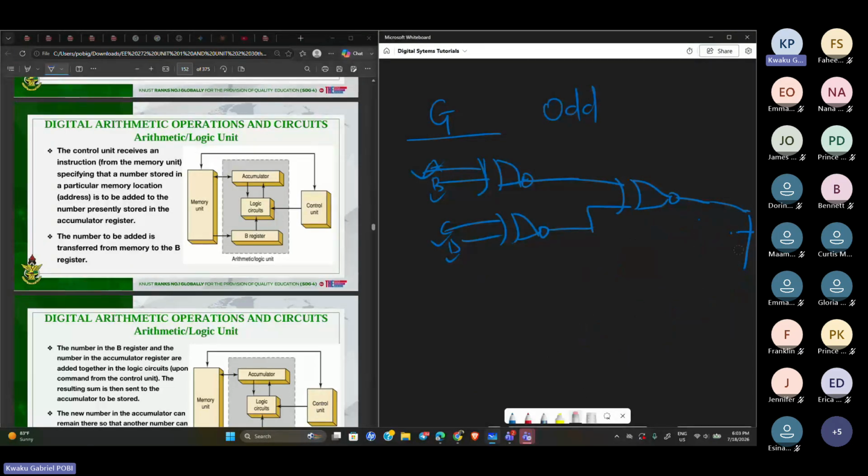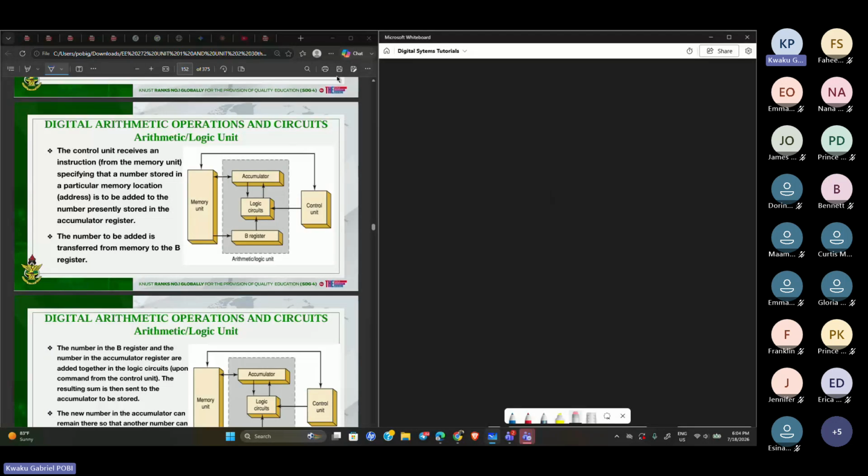So let's start with the half adder first. Now, with the half adder, I think I have to speed up a bit. Don't worry, you will still get it. So with a half adder, right, we'll start with some simple logic and then we'll continue. So let's say I have 1, 0, 1, 1.